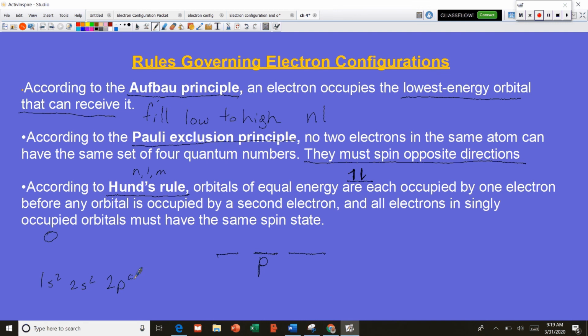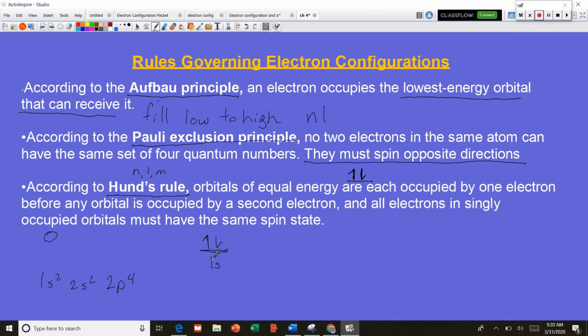All right. So relating this to what's called an orbital diagram, I'm going to take each of these numbers and show you an orbital diagram for this. So we have the 1s, and that means it has an electron up and down. According to Aufbau, I'm going to fill the lowest energy level first.